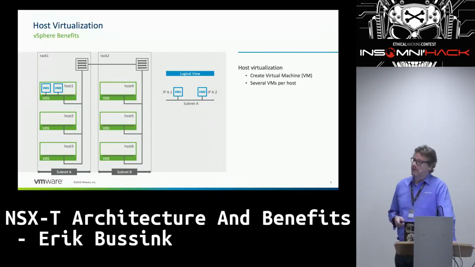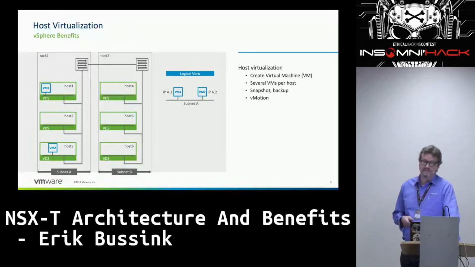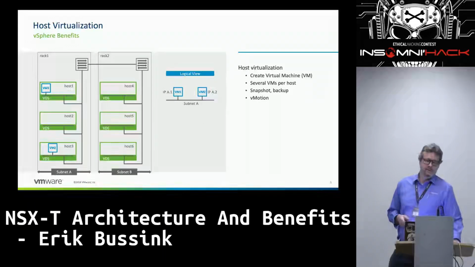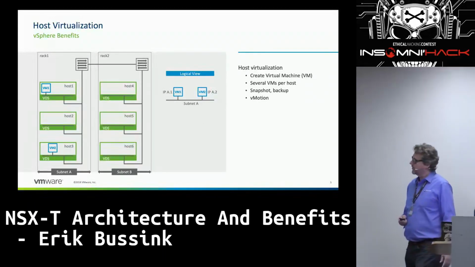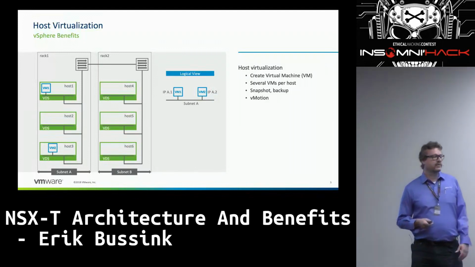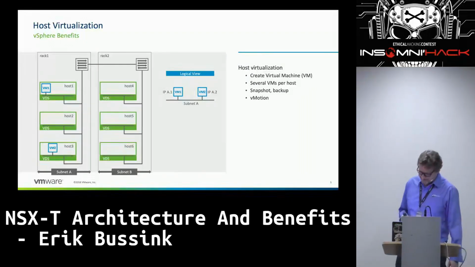You can have multiple VMs, and the best thing we have since about 15 years and has probably saved quite a lot of you weekends of work is vMotion. There's no way I will give up vMotion, the fact that you can migrate a virtual machine live from one host to another and go on your weekend normally without maintenance times.